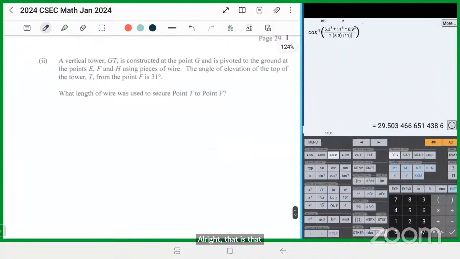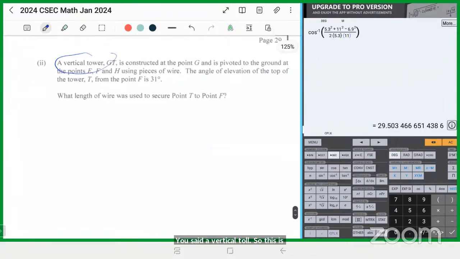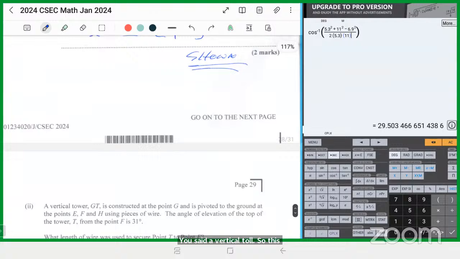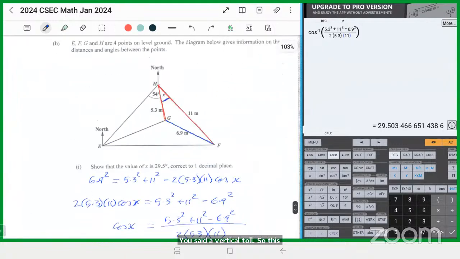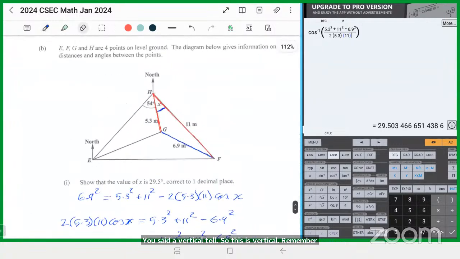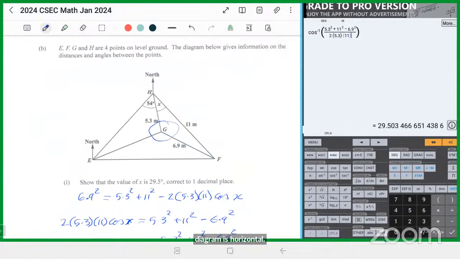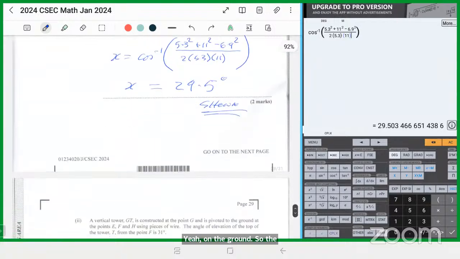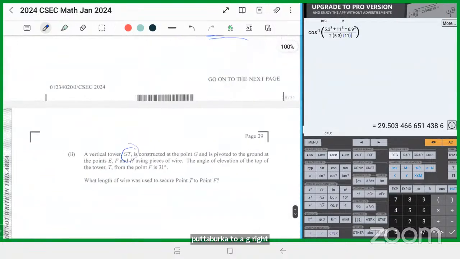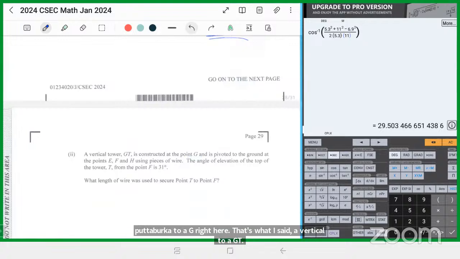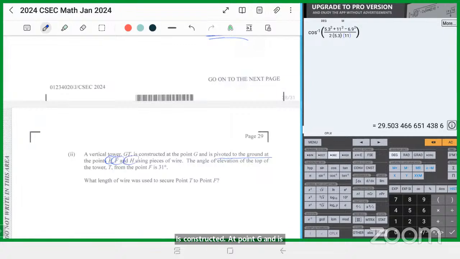it says a vertical tower. So this is vertical. Now, remember, everything in this diagram is horizontal. They're on the ground. So they put a vertical tower G right here. That's what they said. A vertical tower GT is constructed at point G and is pivoted to the ground at the points E, F, and H, right?